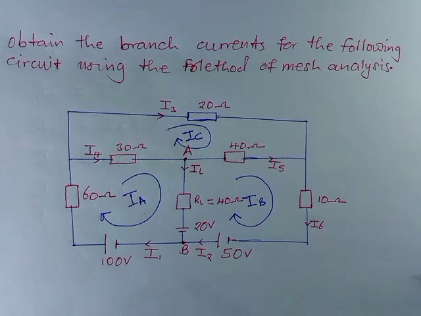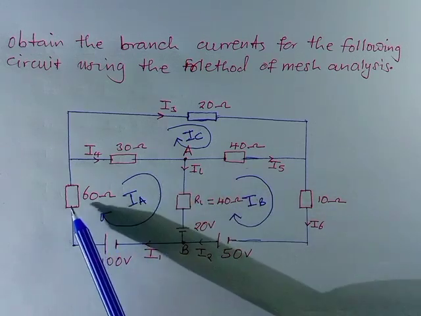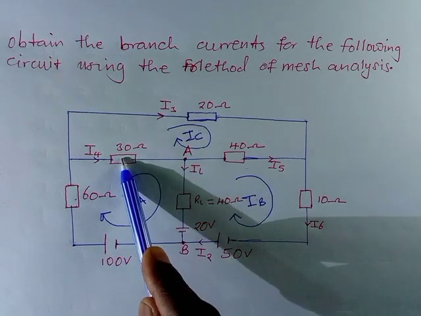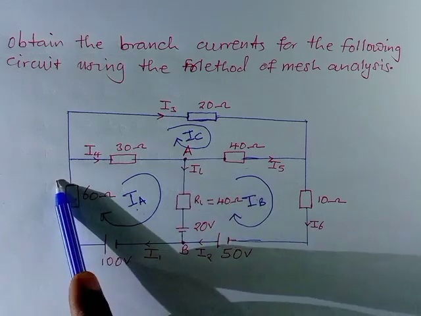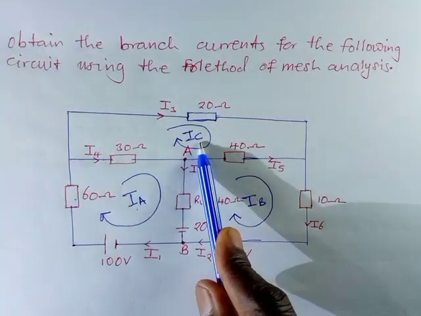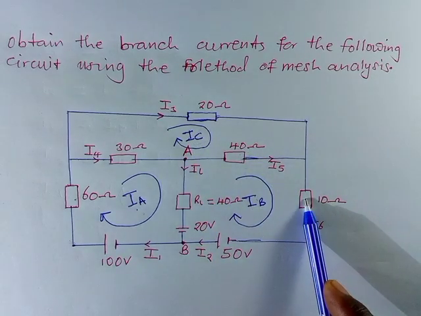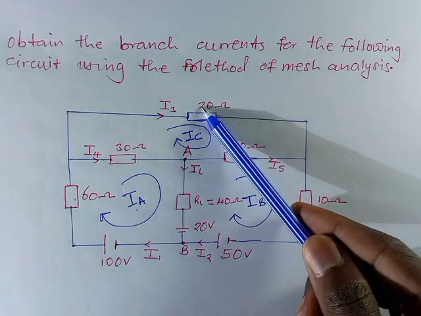We just need to understand that if you take this direction, the current passing through this has to be IA. The current passing through this is going to be made up of two currents. Whenever I'm in the first mesh, I'll take this current to be the driving current, and that one is going to be the opposing current. Same applies to this. Then for this, we are going to have IB as the current passing through that, and for that, we are going to have IC.